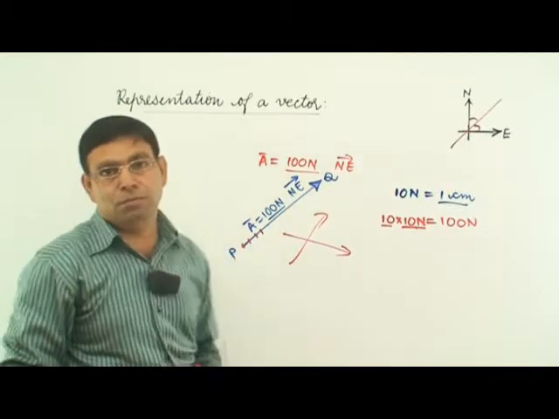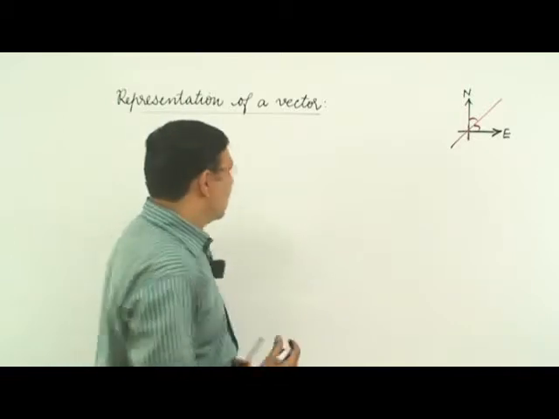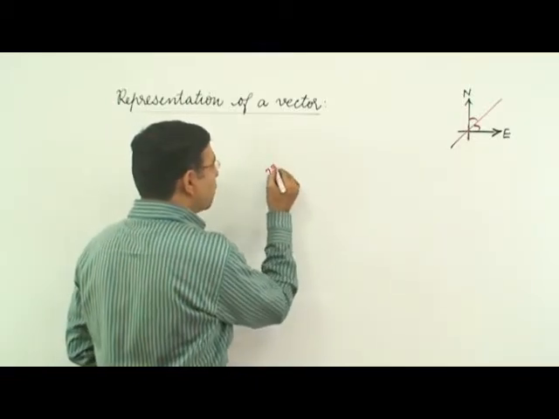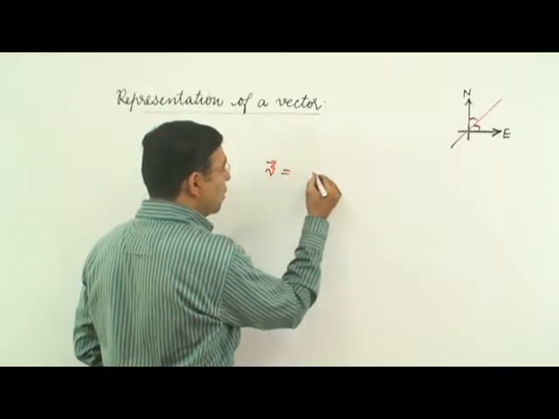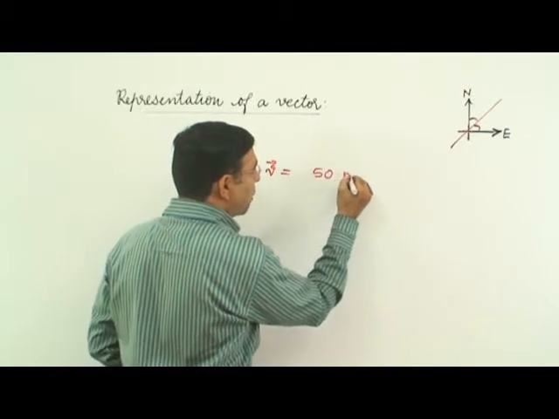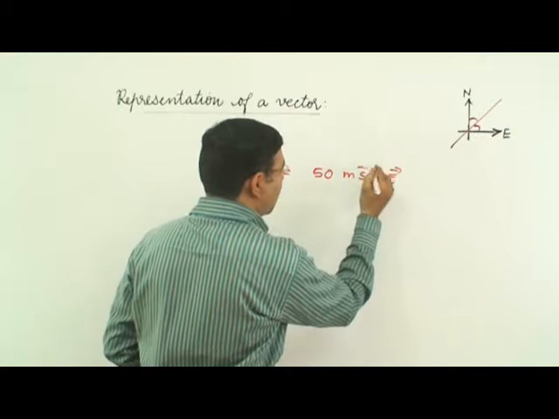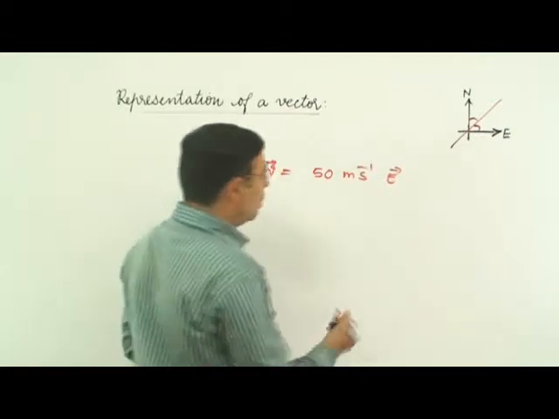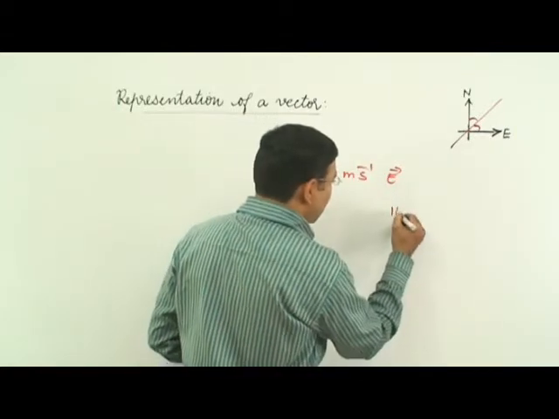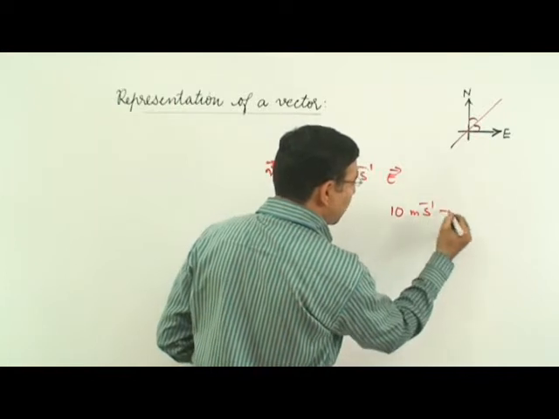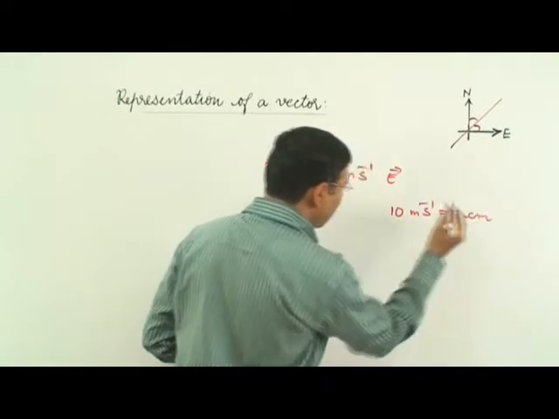Clear? Let us consider another vector. Say velocity is again a vector quantity. Say the velocity of a car is 50 meter per second towards east. How to represent it? Some convenient scale again. Let us take 10 meter per second equal to 1 centimeter scale.